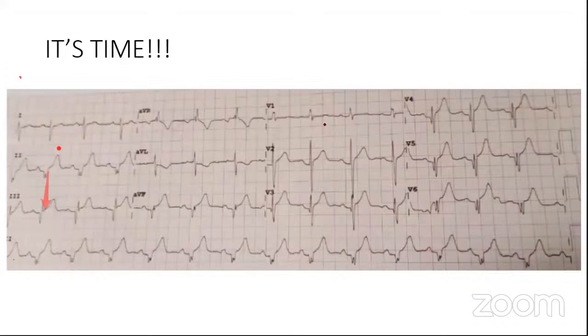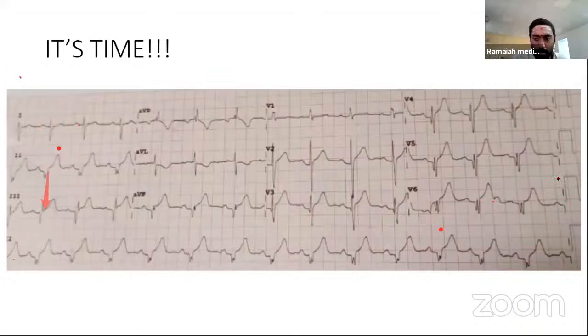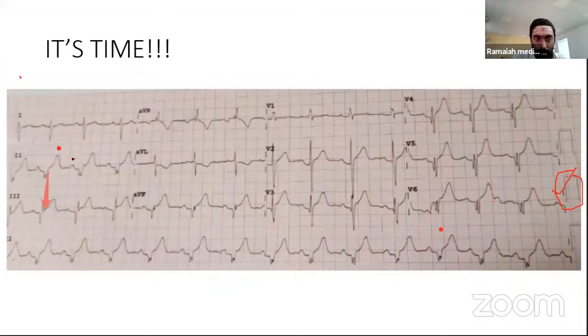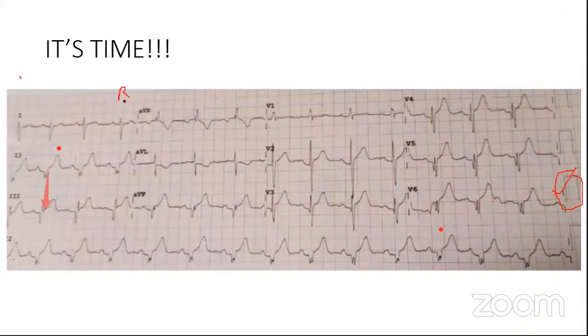So would you like to start interpreting? What all will you start with? You interpret this ECG. We will see. I'll try, sir. Go ahead. It is a normal standardization ECG. Good. Then the next thing is the rhythm. It is normal sinus rhythm.